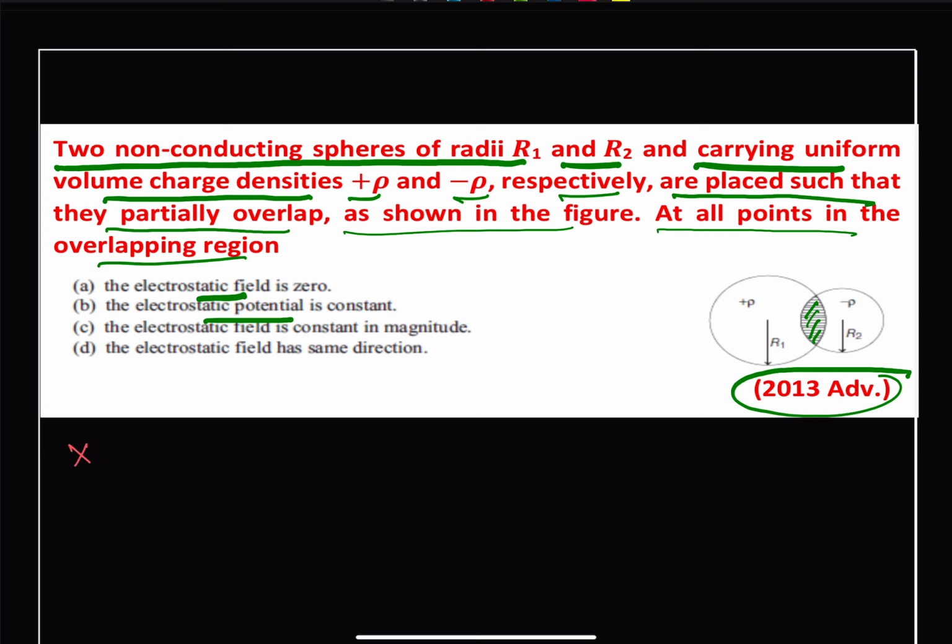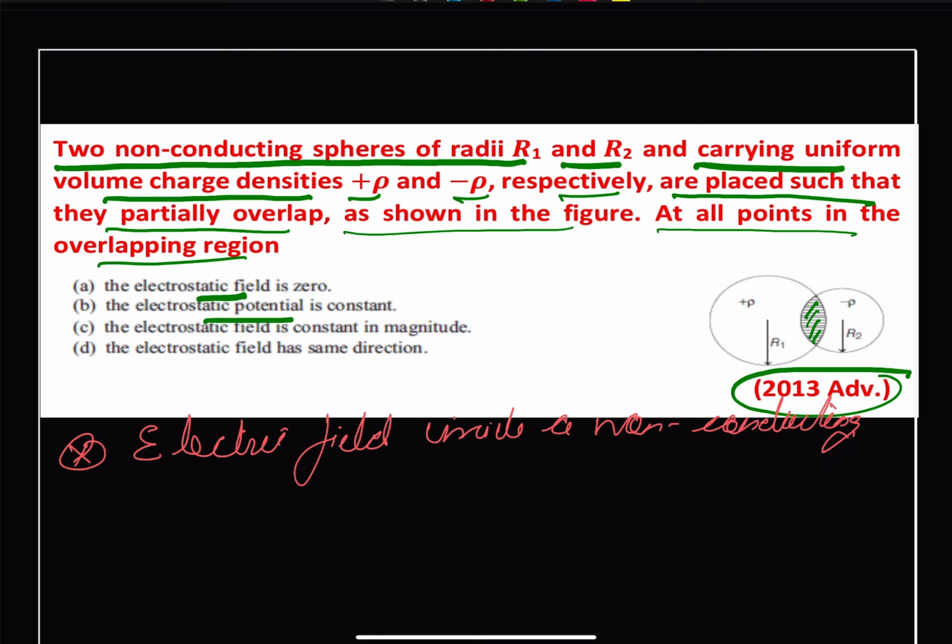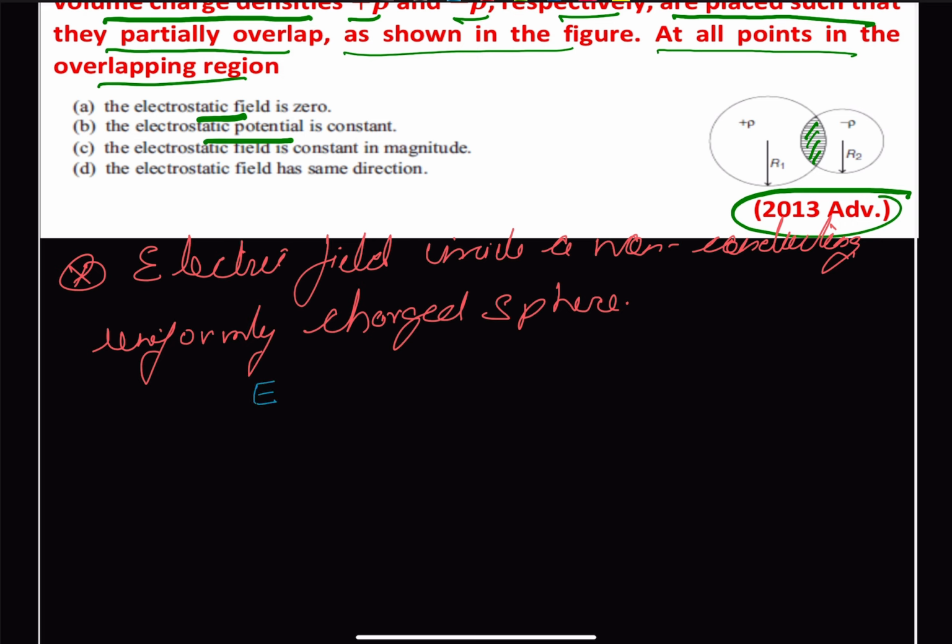So we know the basic formula: for a non-conducting uniformly charged sphere, the electric field inside is E equal to rho divided by 3 epsilon naught times the R vector.